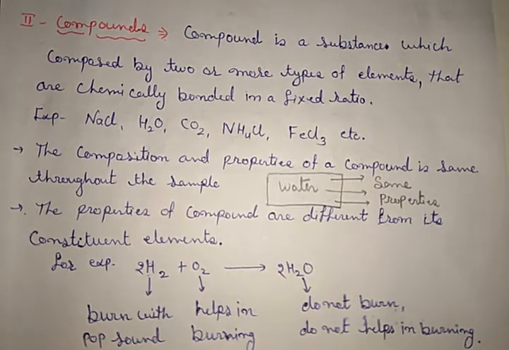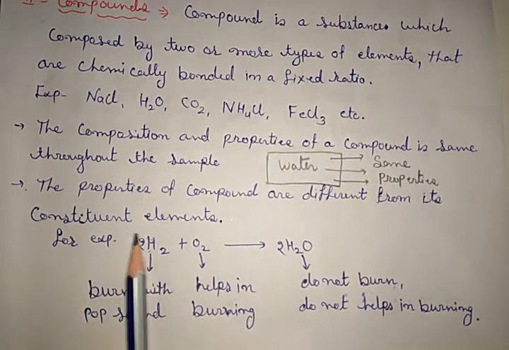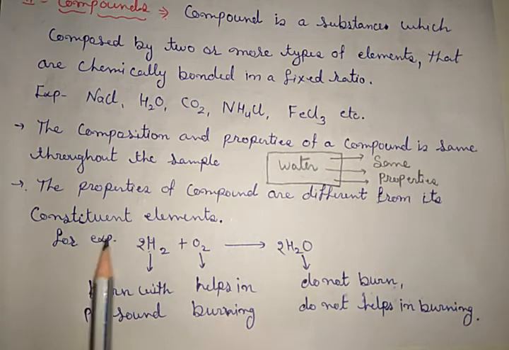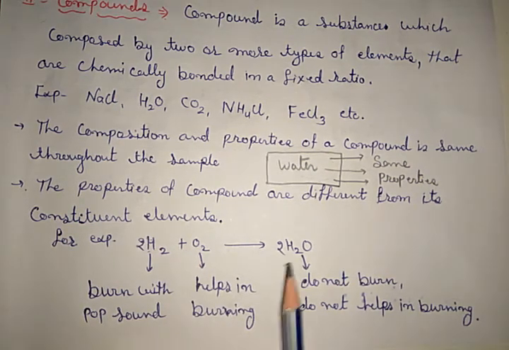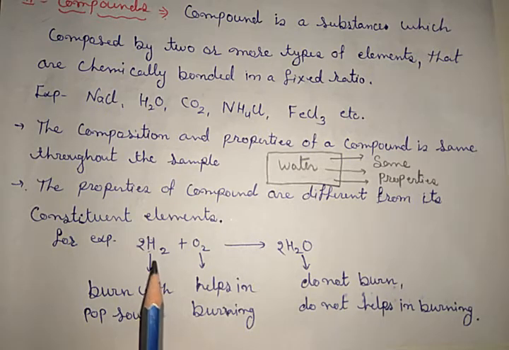Second, the properties of a compound are totally different from the constituent elements. For example, water is made up of hydrogen and oxygen. If we consider the individual properties of hydrogen and oxygen, hydrogen burns with a pop sound. That means it is an inflammable substance.